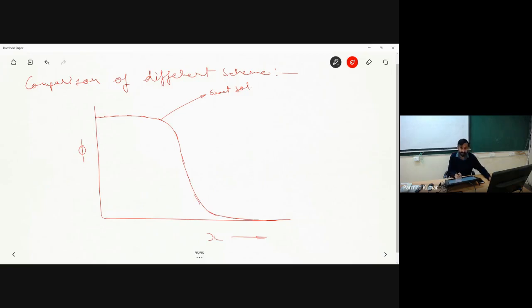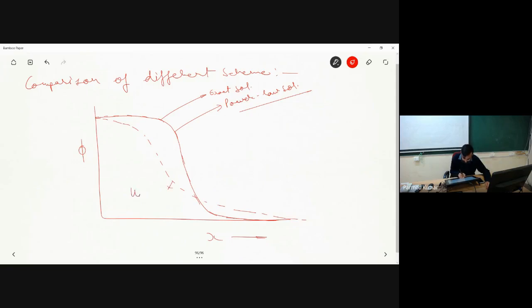There will be slight deviation, but that deviation will be so small that we will not be able to physically observe it. Okay. So exact solution and power law solution will match almost close to each other. And then the upwind differencing scheme will be showing a significant amount of false diffusion.